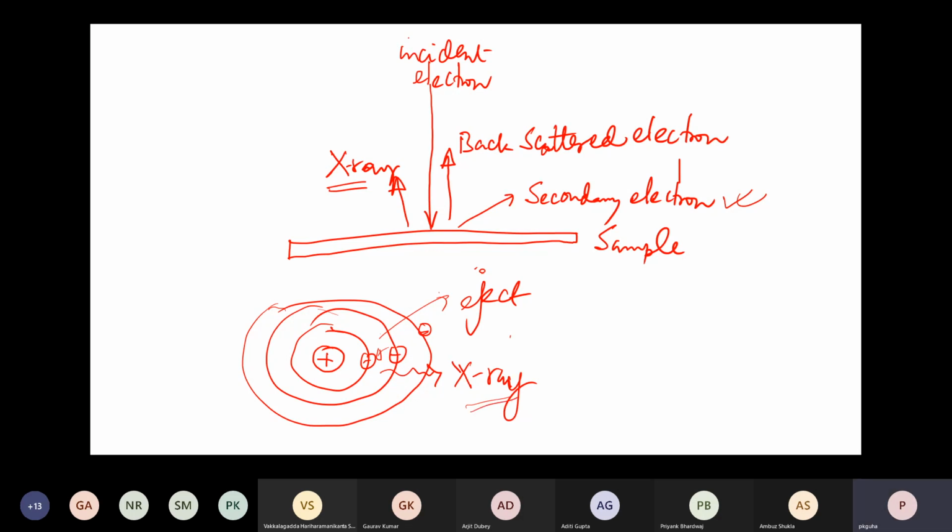So this X-ray will have elemental information because the separation between these orbitals will not be the same for different materials, right? Depending on their energy difference, they will generate X-rays of different wavelengths.